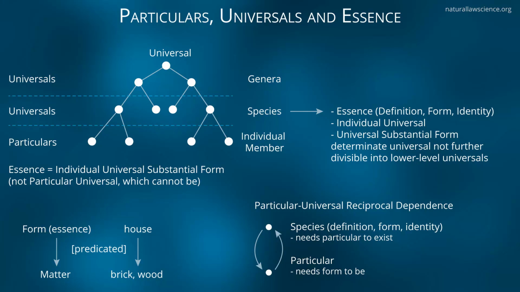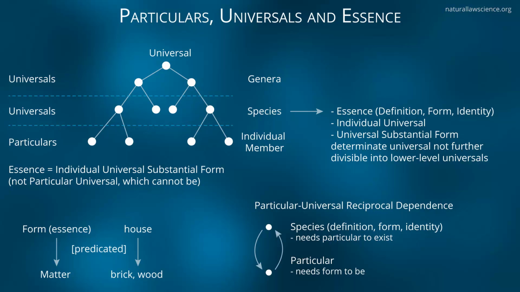So in substance, the two things you have are universals and particulars, which are contrary. And substance and non-substance is contrary. So individual universal does not mean a particular universal, which would be contrary. See, underneath the little infographic, I have essence equals individual universal substantial form, not a particular universal, which cannot be.